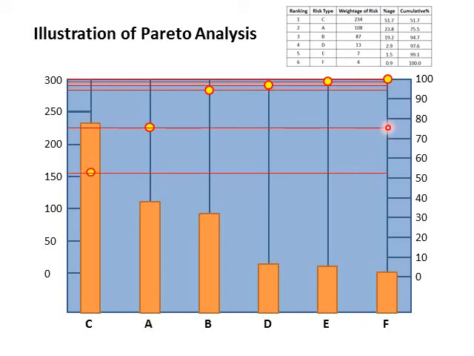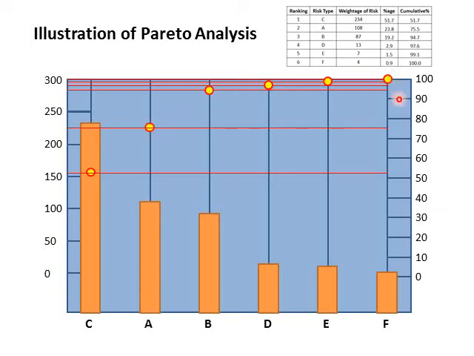Similarly, when the 75.5 horizontal line crosses the A risk type, you have to mark a point on it.